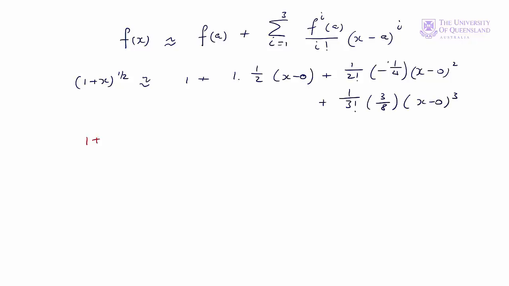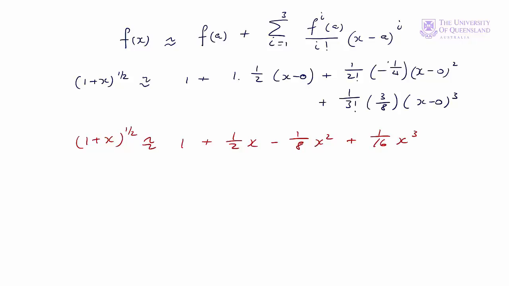Simplifying that, we'll have (1 plus x) to the half is approximately equal to 1 plus 1/2 x minus 1/8 x squared plus 1/16 x cubed.